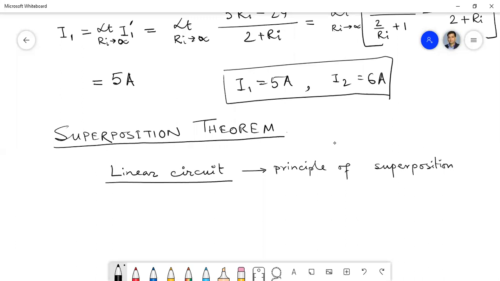If the circuit obeys the principle of superposition, we can call it a linear circuit. So that is the definition of linear circuit.